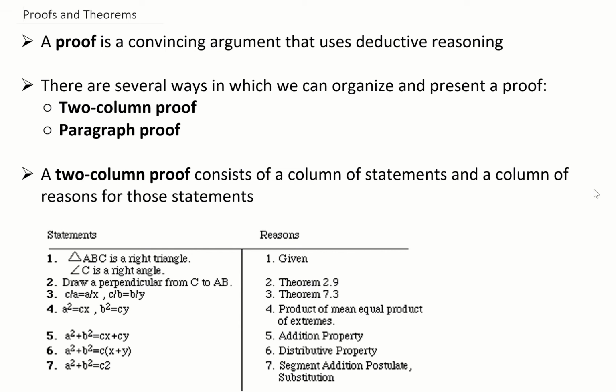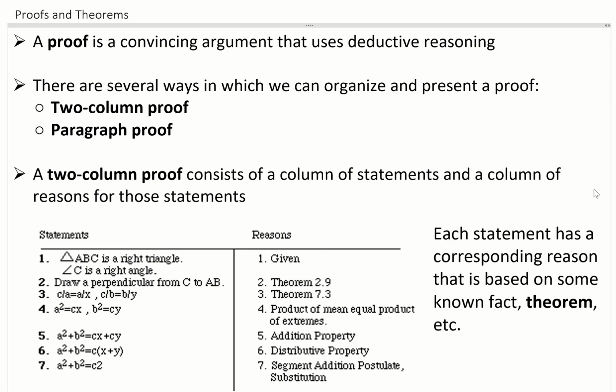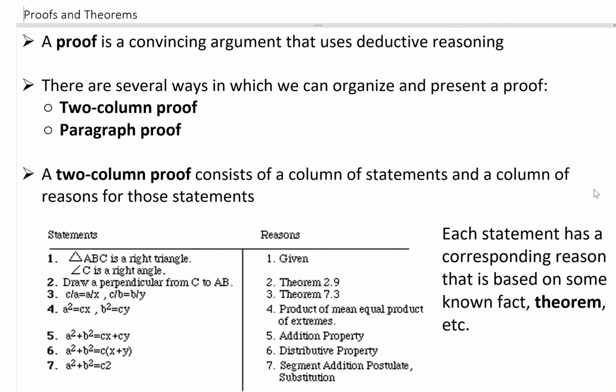You can see on the left are a bunch of statements, various postulates and things like that, that we put in steps in order to lead to a final conclusion. And on the right are the reasons for those statements on the left. Each statement, notice, has a corresponding reason, and that is based on some known fact or theorem. And this is why we call it deductive reasoning.